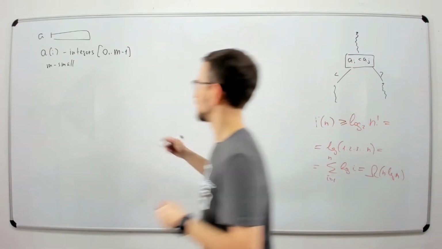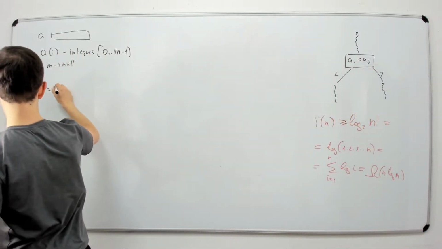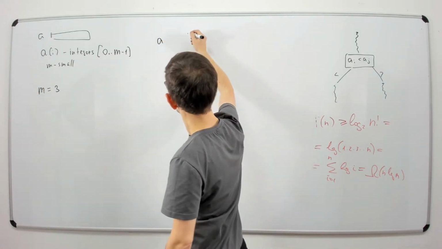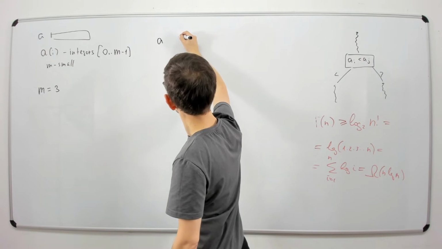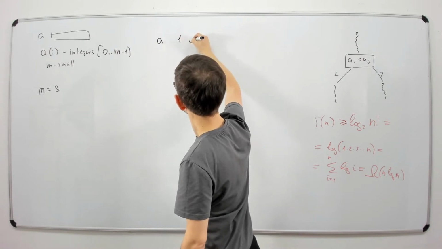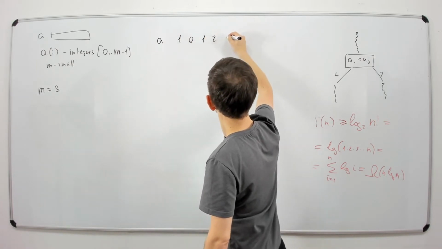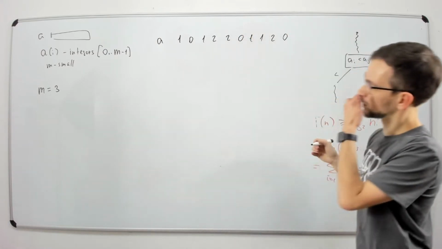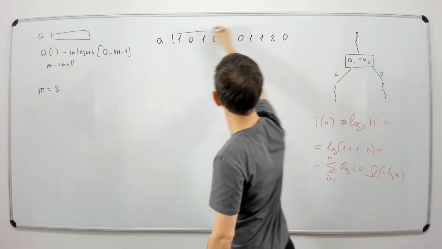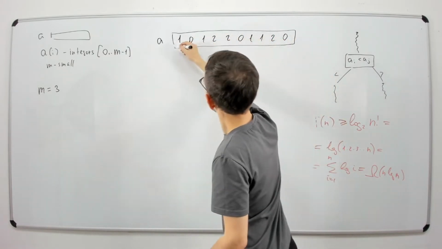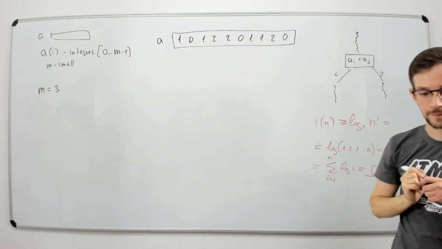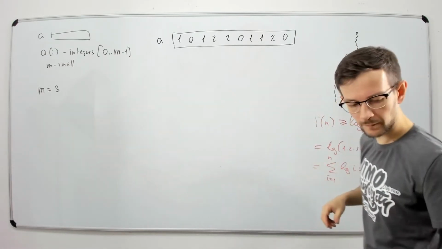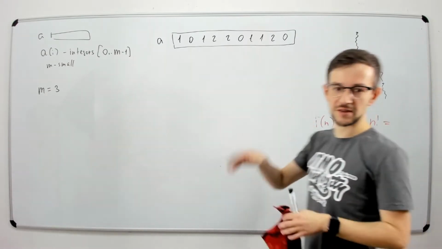For example, let's say m is equal to 3, and we have array A, something like 1 0 1 2 2 0 1 1 2 0. Let's say we have an array like this, and we want to sort this array. How can we do it faster than in n log n time?